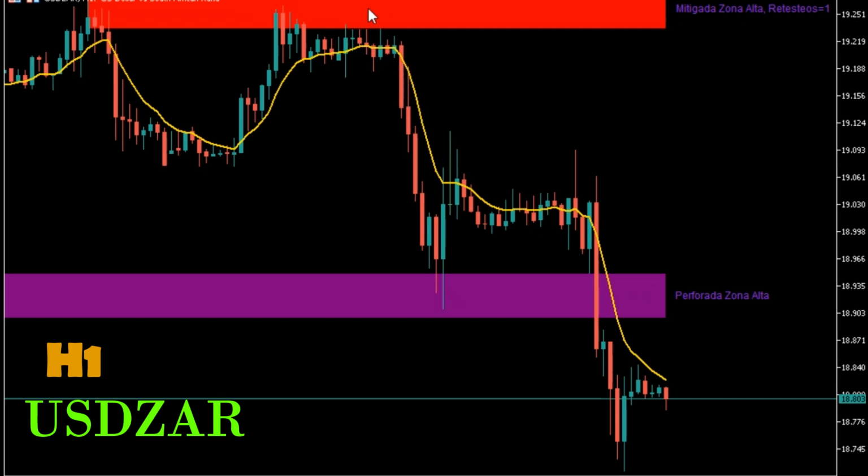This is a doji sandwich and a close below the T-line, which is the yellow line. So what we do in this situation, we place our sell trade here, then our stop loss above the zone, then our take profit, we target a 1 to 3. As you can see, price continues pushing down, and it was a very powerful trade.